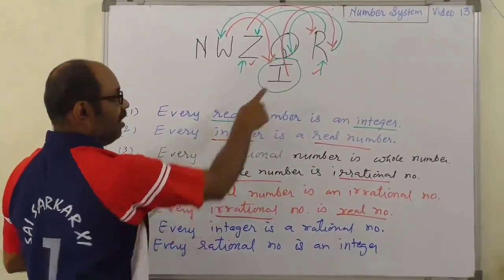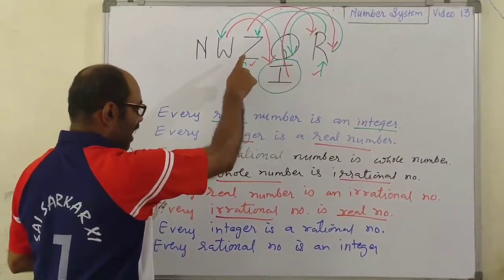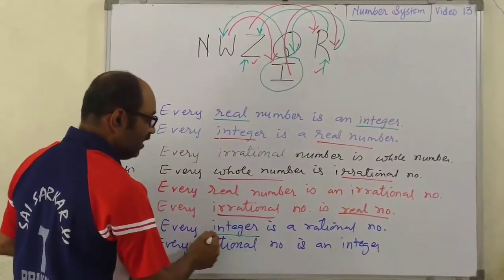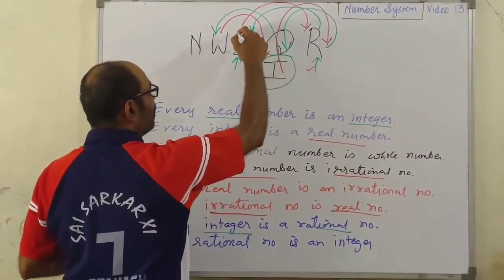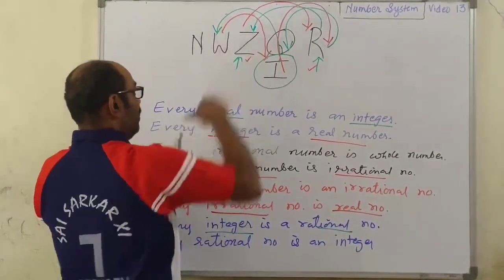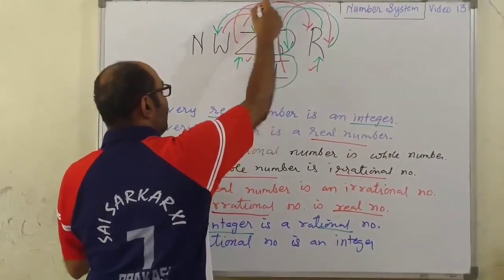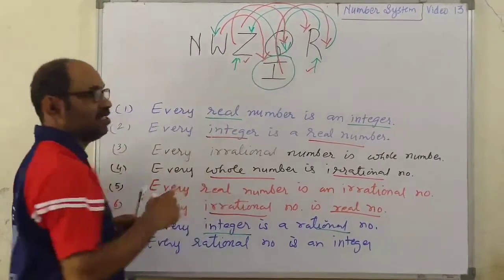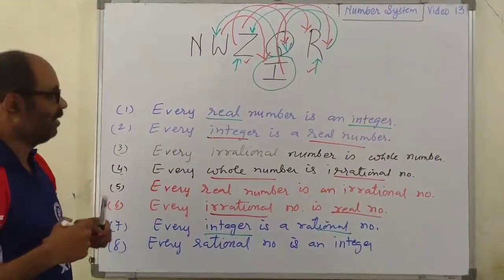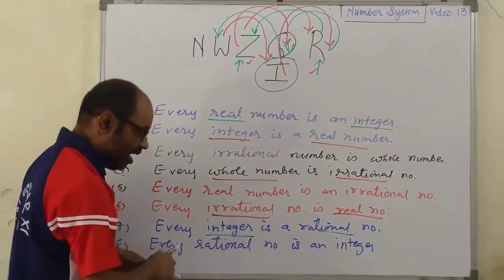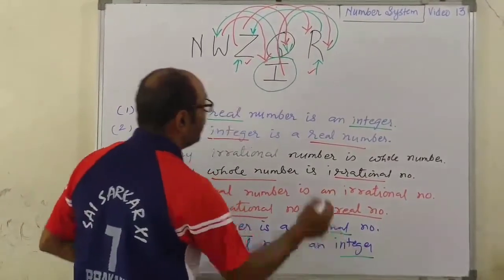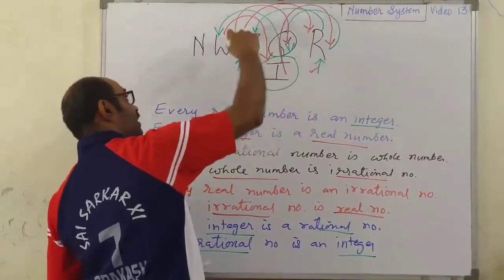Every integer, I is not for integer, Z. Integer is here, rational is here, so it will be the red one. Alright? Okay. And last one, every rational number is an integer. Rational is this and integer is here.